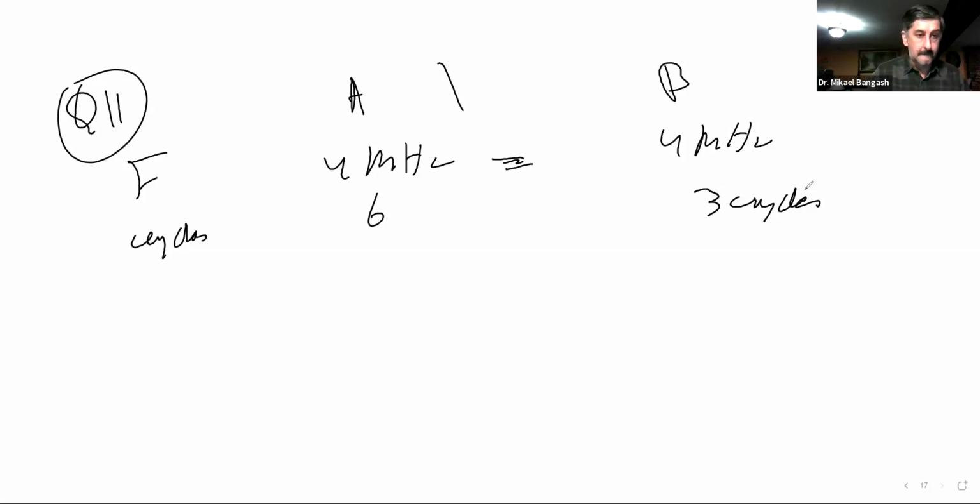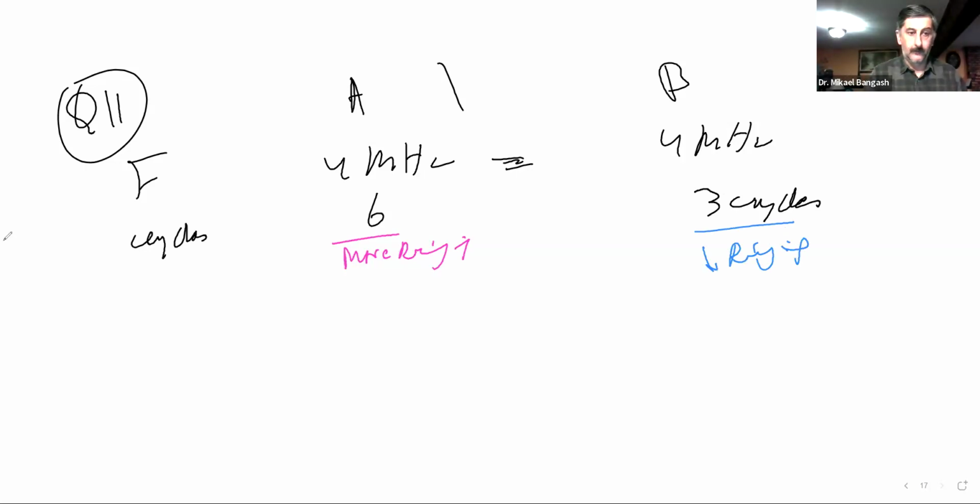Now the frequencies are the same, but what we have here is more cycles, so this will be more ringing, whereas this one here is going to be less ringing. Is that clear? Since the frequencies are the same, the wavelength is also going to be the same.